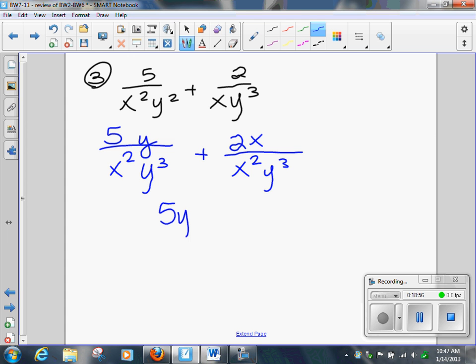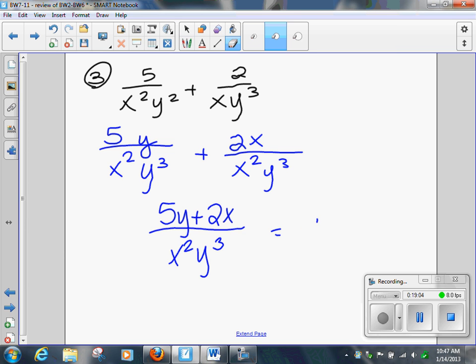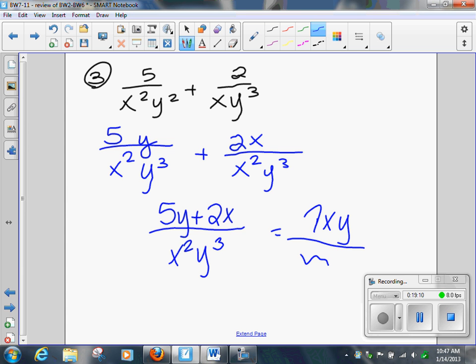Can I literally combine to get this right here? Not that. Can I do that? Why can I not do that? They're not like terms.